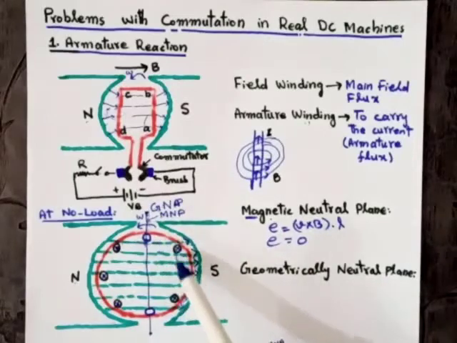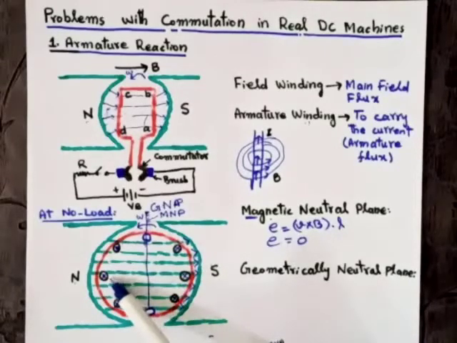It means when we connect the load across the rotating part of the machine, then the current will flow in each coil or each conductor, as you can see in this figure. Here the direction of the current will be inward and here the direction of the current will be outward.